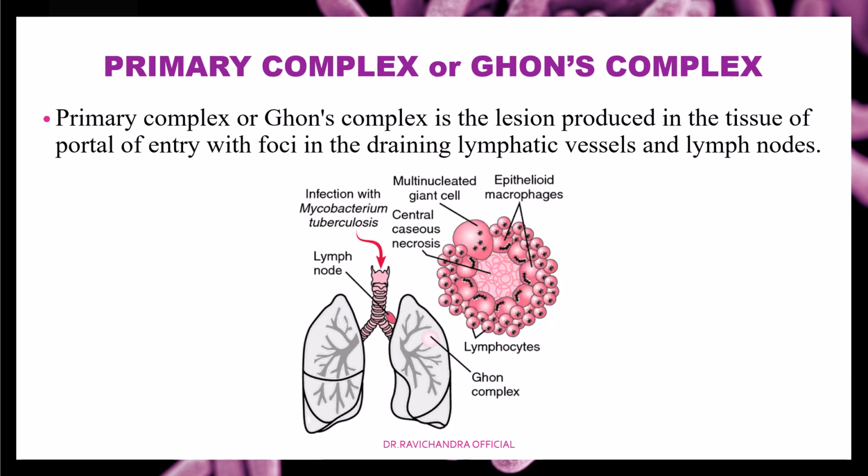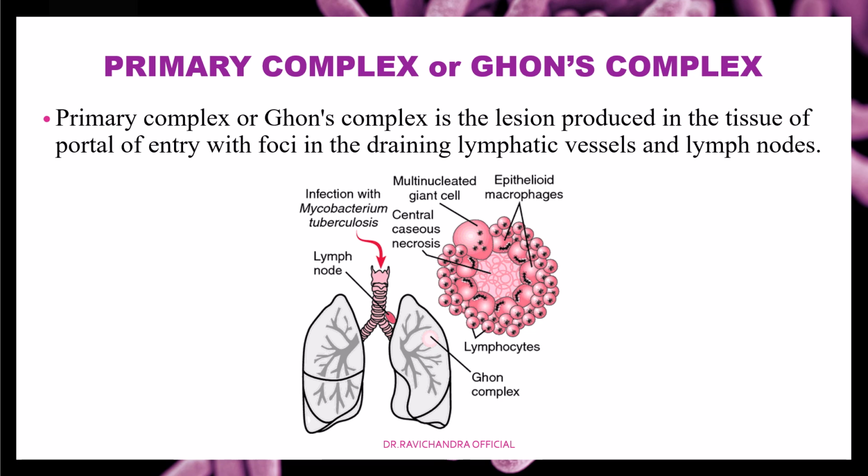The primary complex or Ghon's complex is the lesion produced in the tissues of the portal of entry with foci in the draining lymphatic vessels and lymph nodes. So this can be asked as a 3 marks question. I am repeating it again.